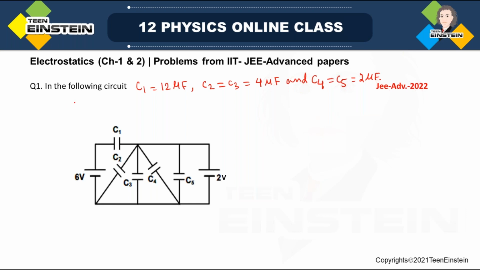So this is a fill in the blanks type question. The charge stored in C3 is dash. You have to find out that.